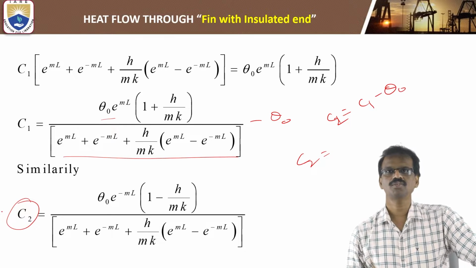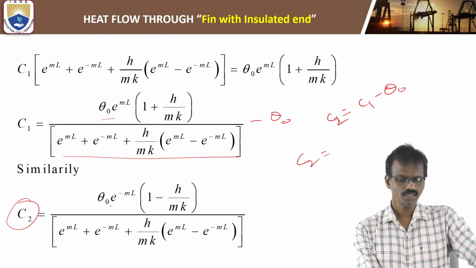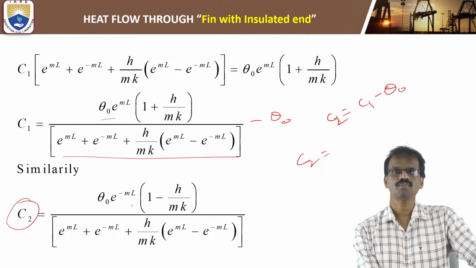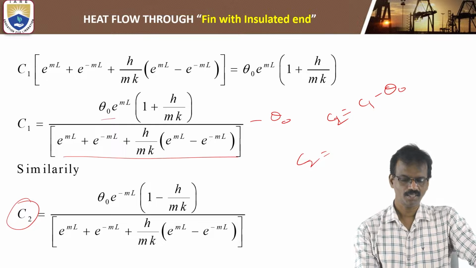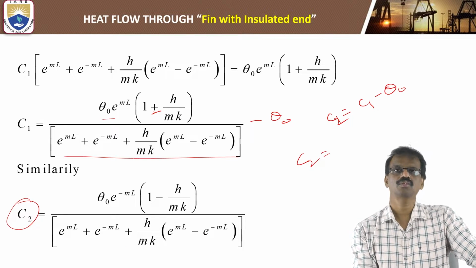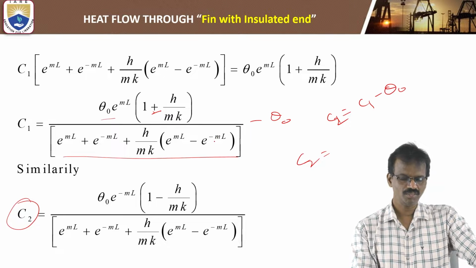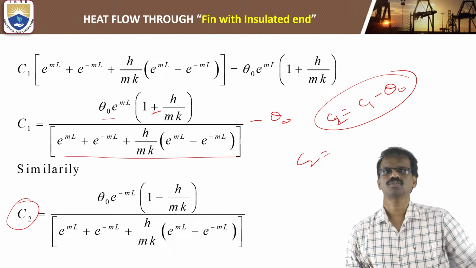C2 value is equal to theta naught e to the power of minus ml into 1 minus h by mk. Here 1 plus, here minus, h by mk. The remaining denominator term is the same for C1 and C2. So these are the C1 and C2 values.